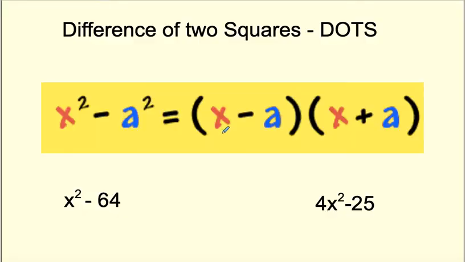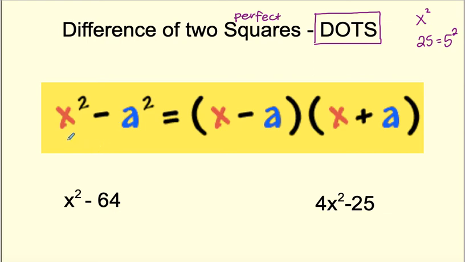So the first thing that I always want to look for with 2 terms is called the difference of 2 squares. I shorten it and I call it DOTS. I always like having a fun name to call things, okay? And the difference of 2 squares means the difference of 2 perfect squares, okay? So anything that is raised to the 2 power is a perfect square. So x squared is a perfect square. 25 can be written as 5 squared, so it's a perfect square.